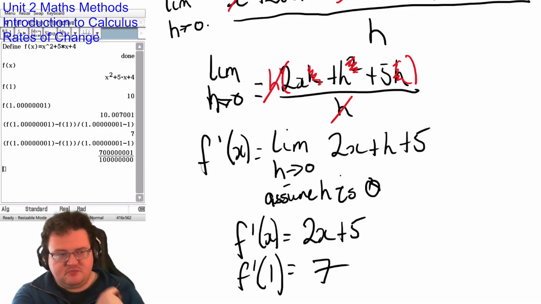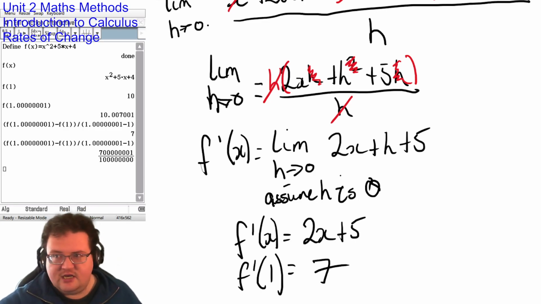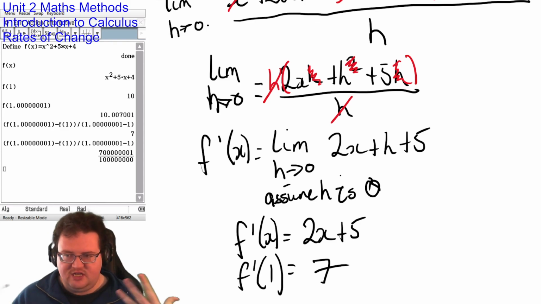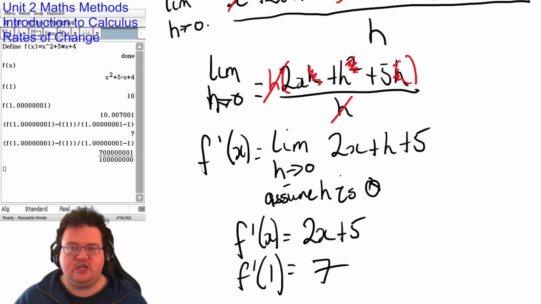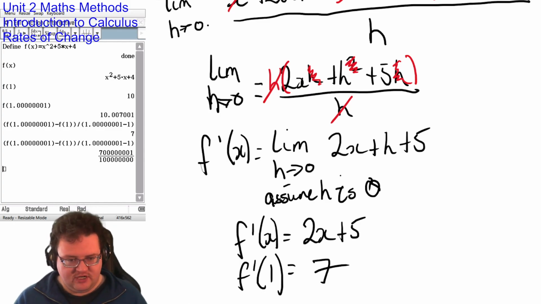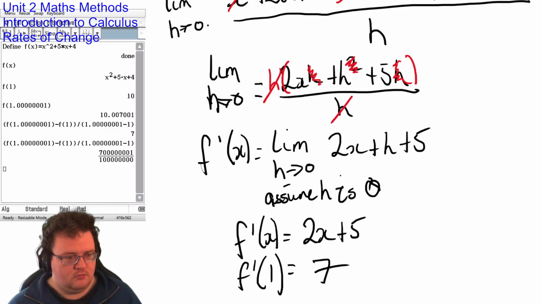This differentiation by first principles is in chapter 17A. All right. I will put the notes up. I will put the textbooks up for you as well. So read through chapter 16, having a go at questions from 17A. If you feel like you need to practice the skills from chapter 16, please do. Won't be mad if you need to.